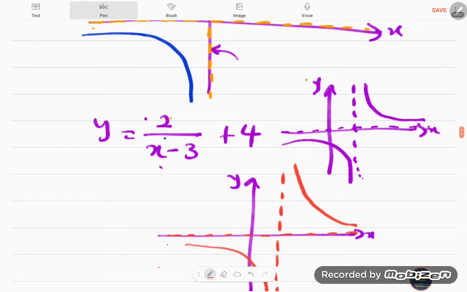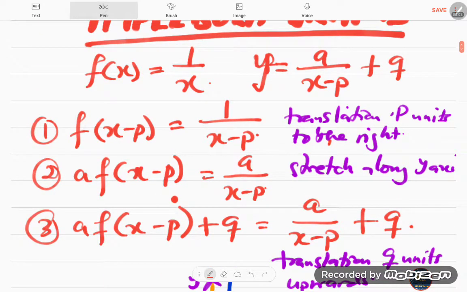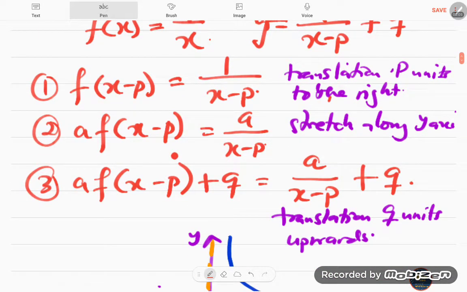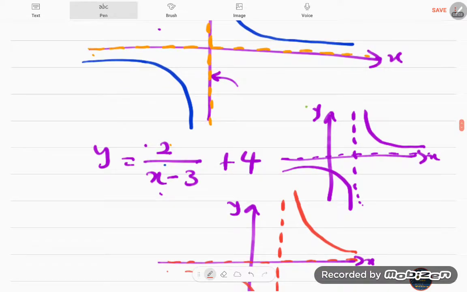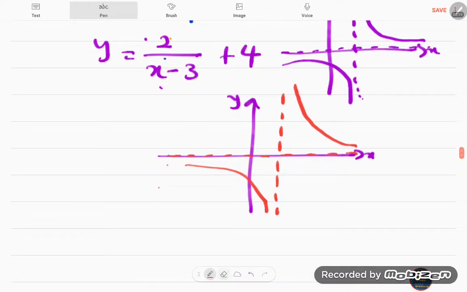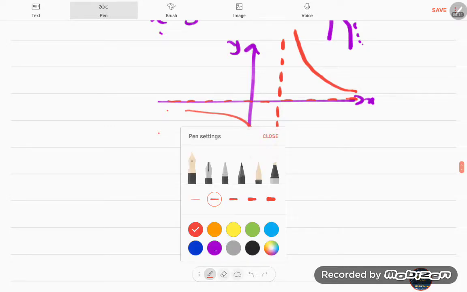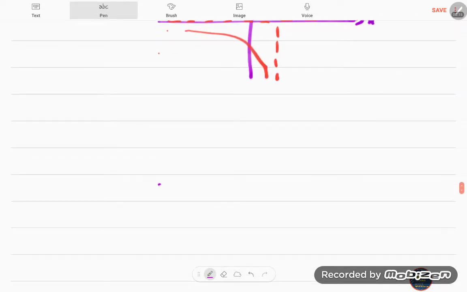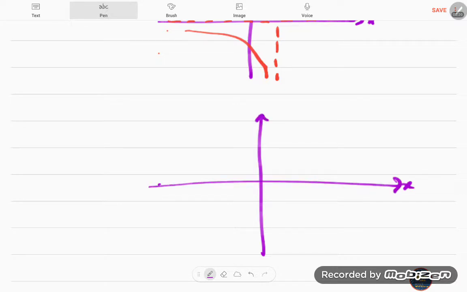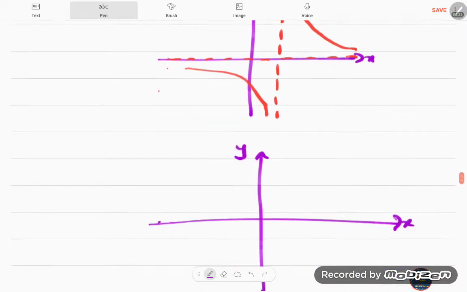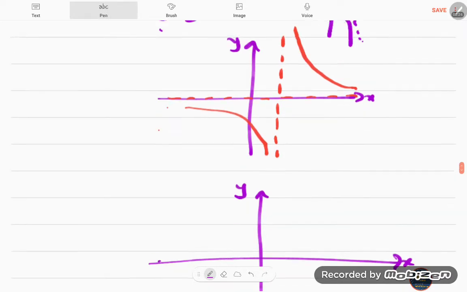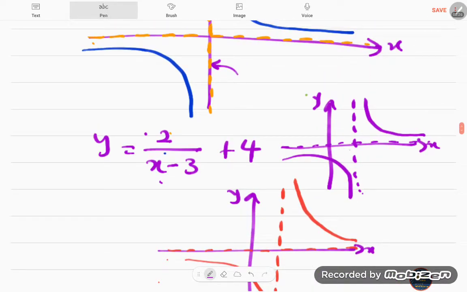And then the third one is a translation q units upwards. So we are translating 4 units upwards, and you will notice that the emergent graph will be something of the sort. Because we move the graph to the right 3 units, this is supposed to be 3 because we're adding 3.